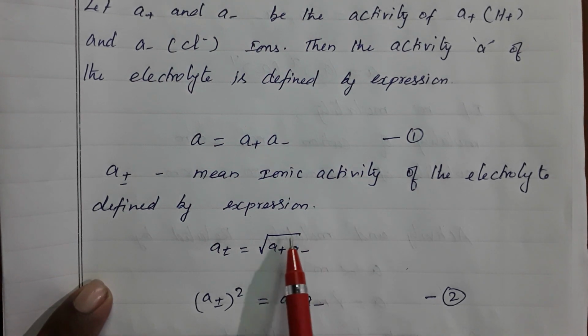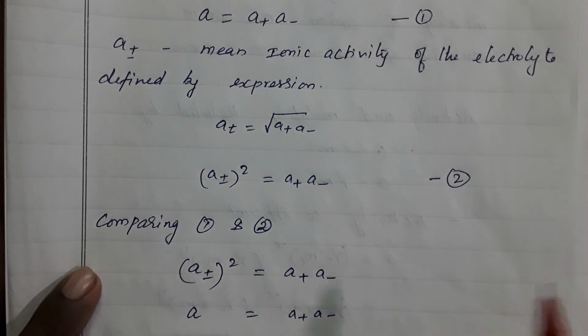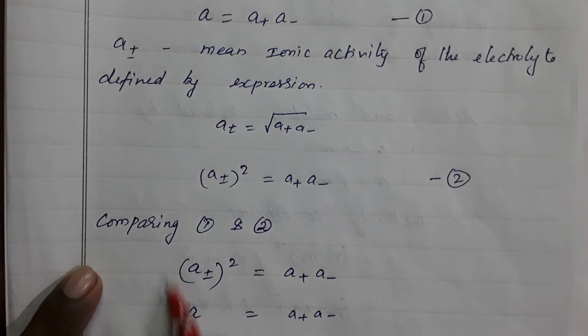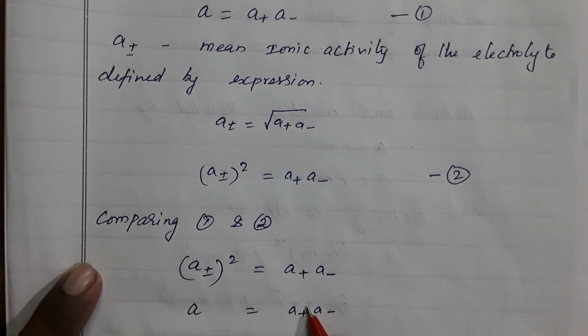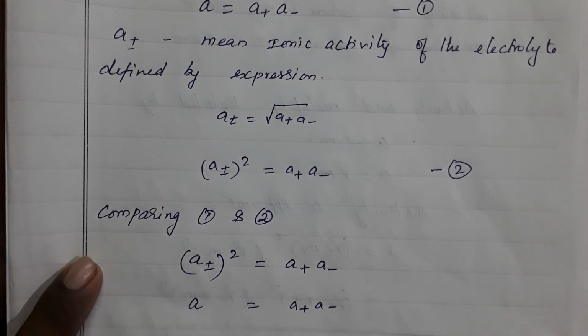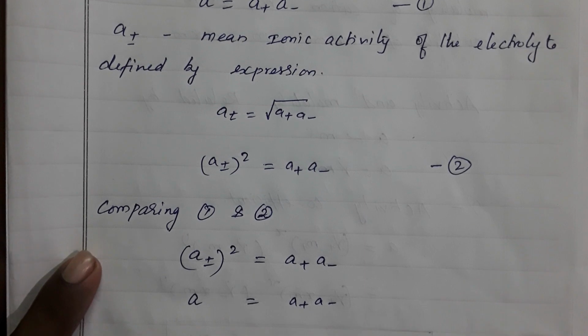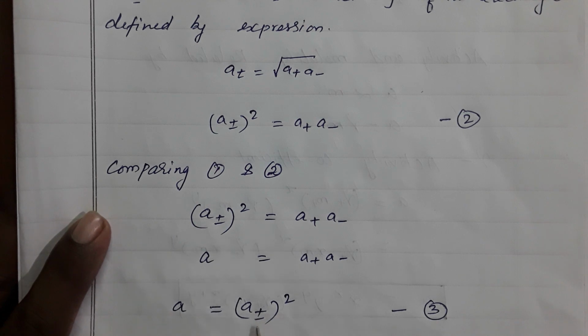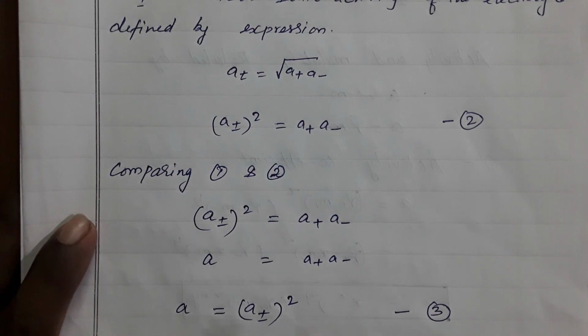Comparing equation 1 and equation 2, since the right-hand sides are equal, the left-hand sides are also equal, so a is equal to a plus-minus squared. This equation 3 is called the mean ionic activity. For these problems we are going to use only this formula, a equal to a plus-minus squared.